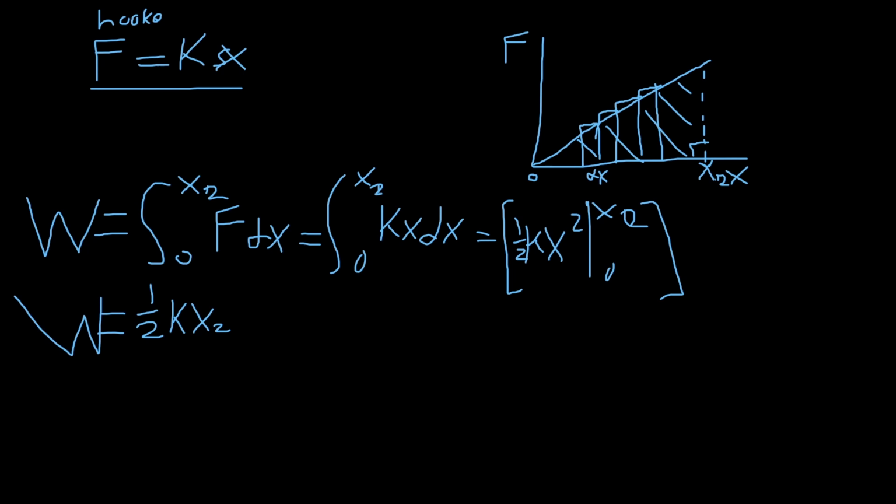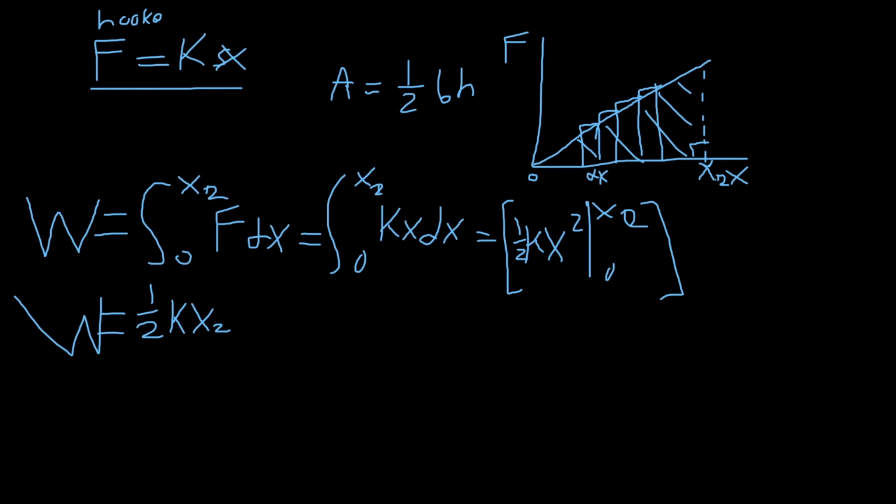We know that the area for a right triangle is 1/2 base times height, if you can remember from algebra from a long time ago. This result tells us that the work on a spring is proportional to the displacement squared, rather than when the force is constant, where work just equals force times displacement.